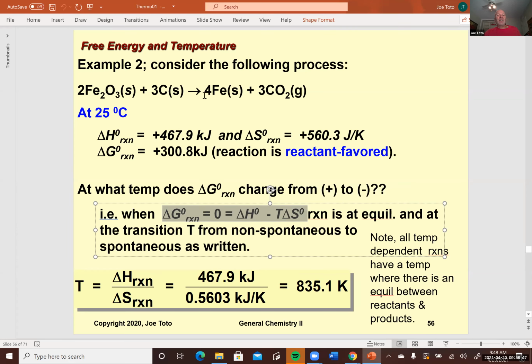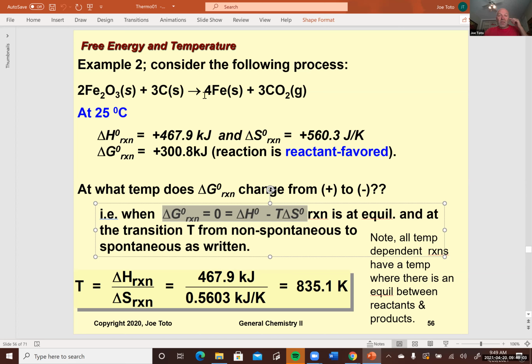And you see, it's not a change in phase kind of thing, but it's a temperature where there's an equilibrium between the reactants and the products.